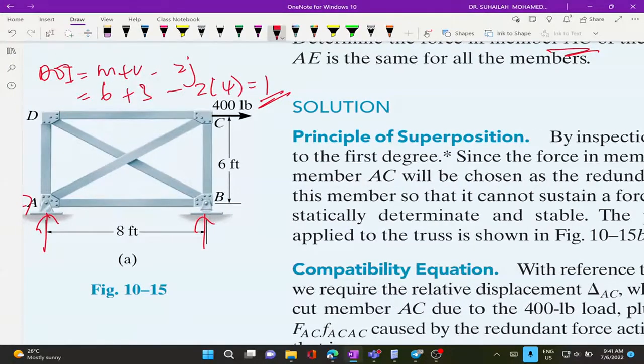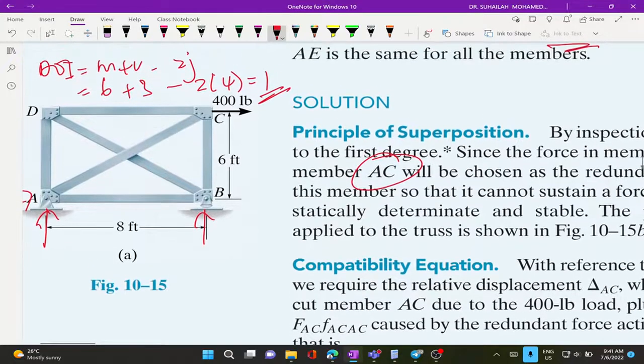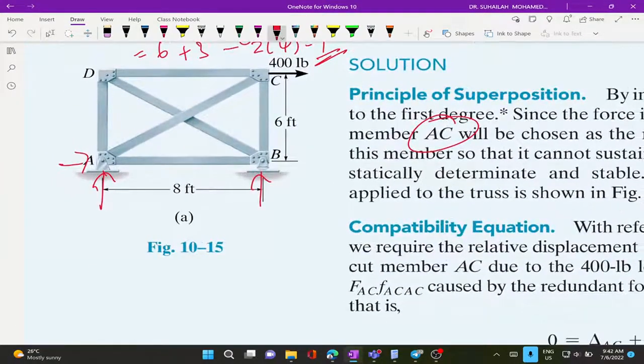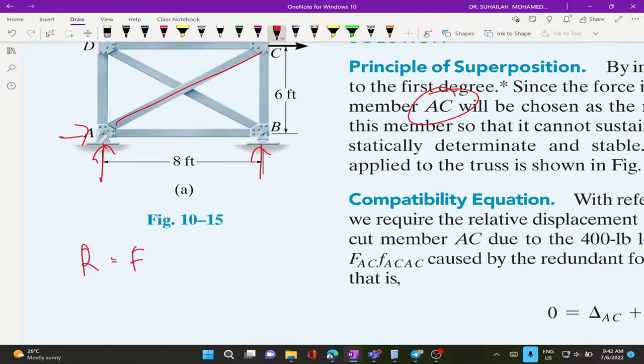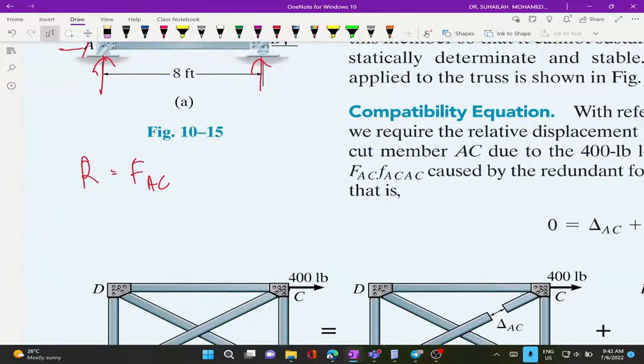In this example, we remove member AC as the redundant. So the redundant here is FAC, and this is R1. The equation we get is delta 1 naught plus F11 times the redundant FAC is equal to 0.